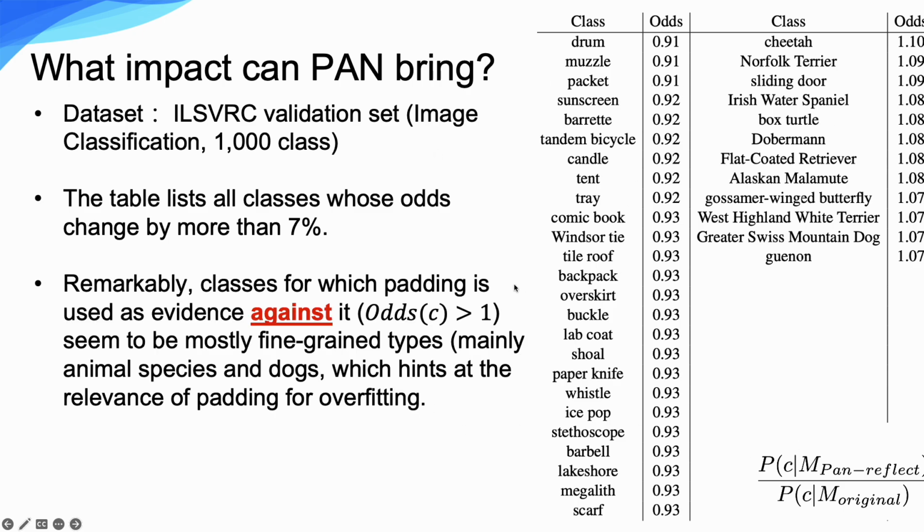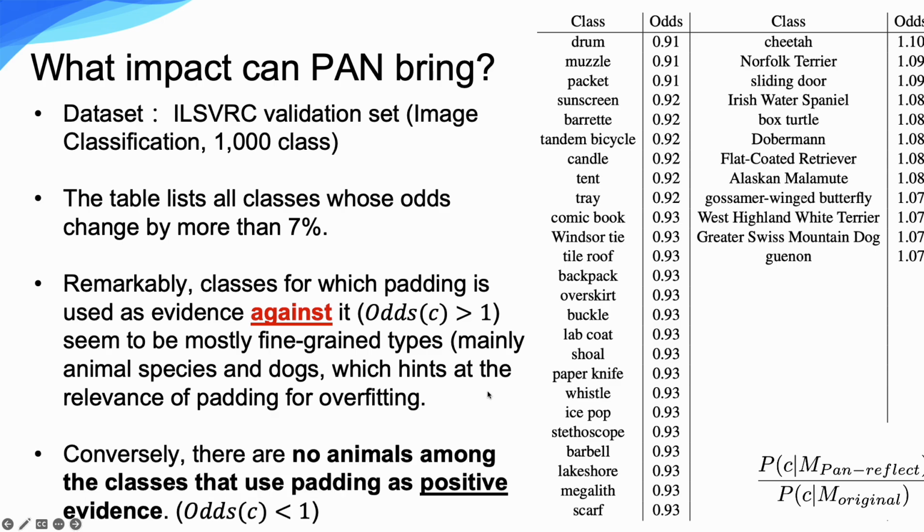Remarkably, the classes for which padding is used as evidence against them seem to be mostly fine-grained types, mainly animal species and dogs, which hints at the relevance of padding or overfitting. Conversely, there are no animals among the classes that use padding as positive evidence.